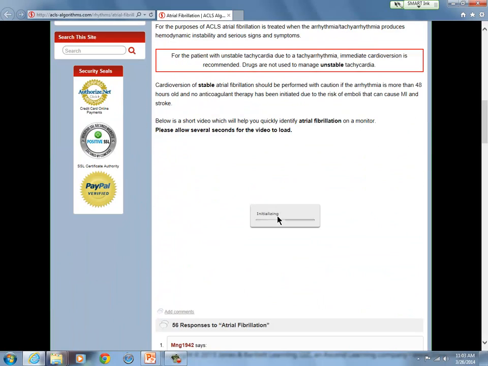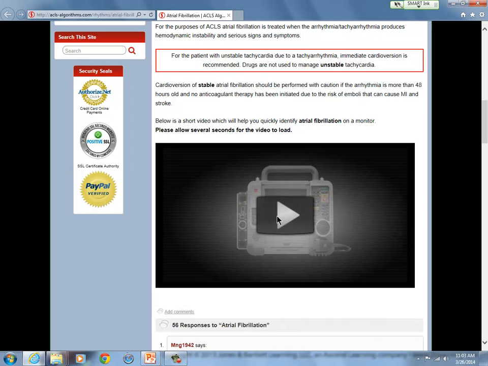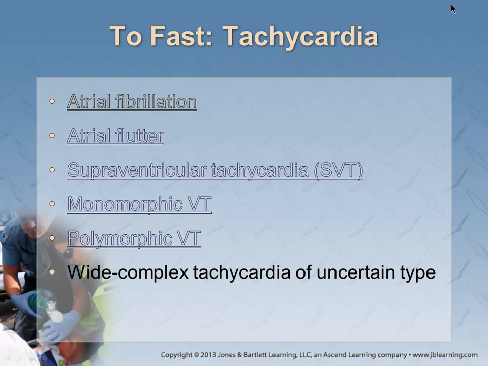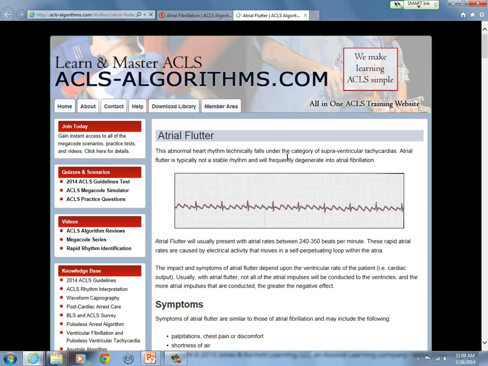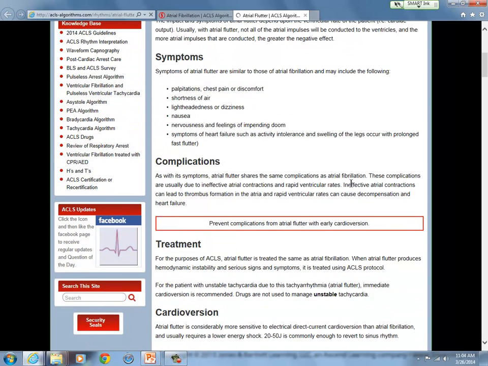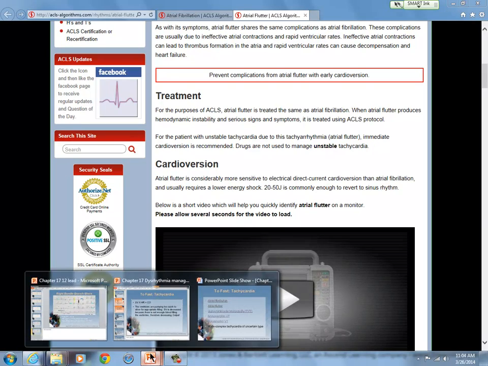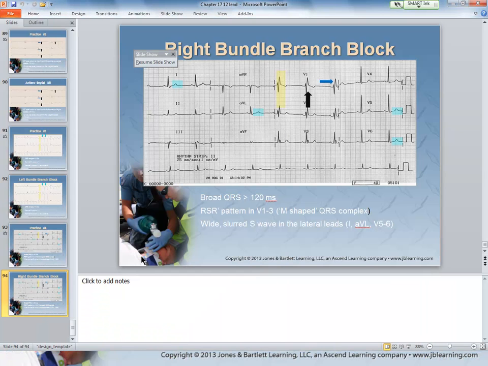I should have put it up in an AFib RVR. Atrial flutter. Remember your flutter waves? All right, so you may have a very fast atrial rate. So we're looking at our site of pacemaker. Okay, right.